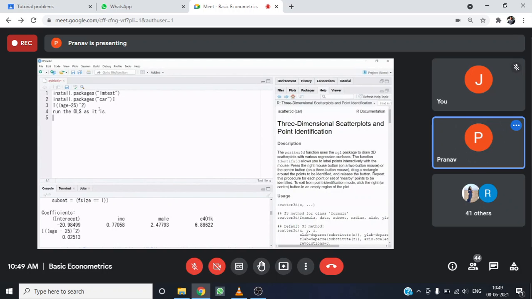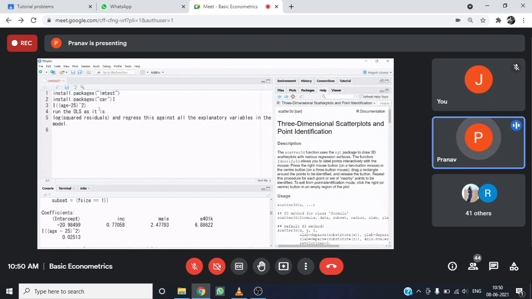Okay. After that you obtain the residuals, you square them, that is you take the log of squared residuals and regress this against all the explanatory variables in the model.